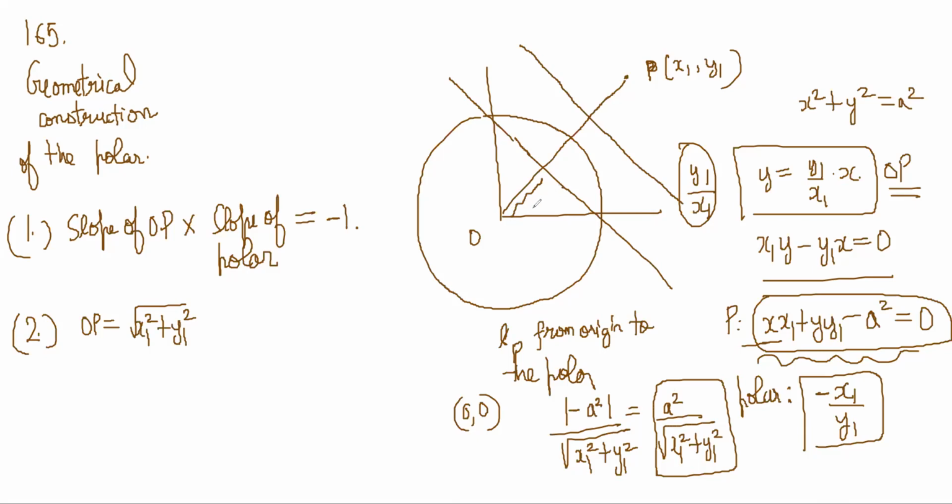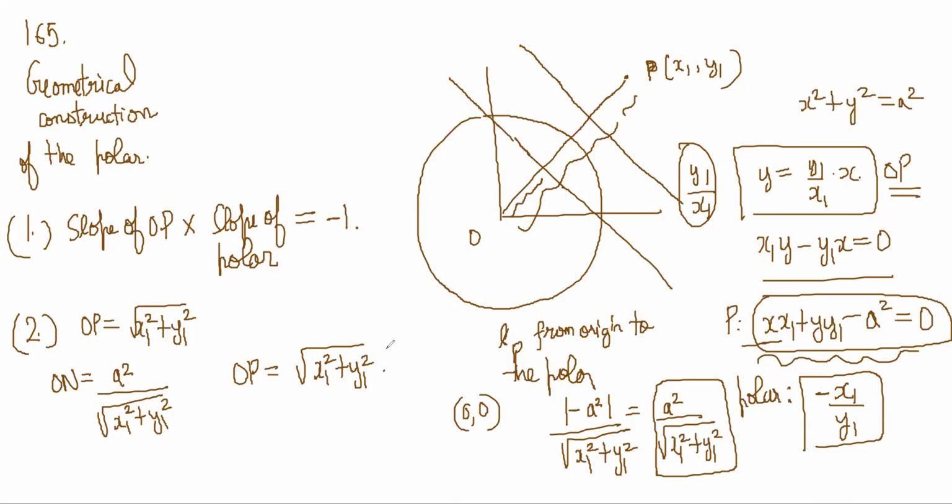So what is the total distance? The total distance was root over x1 square plus y1 square. Now we can say ON is equal to a square by root over x1 square plus y1 square, and OP is equal to root over x1 square plus y1 square. So now you can write a nice looking relation: ON into OP is equal to a square.